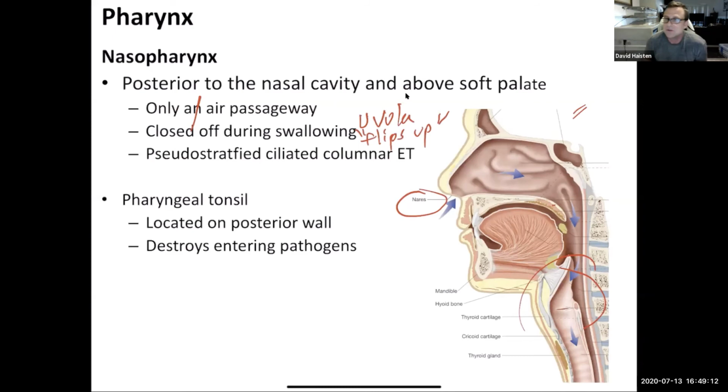Okay, you have pseudostratified ciliated columnar epithelium in the nasopharynx. Your entire nasal cavity, pretty much the same epithelial tissue. So to there, PSCC. Okay, there's a tonsil back there, pharyngeal tonsil, to get rid of bacteria.